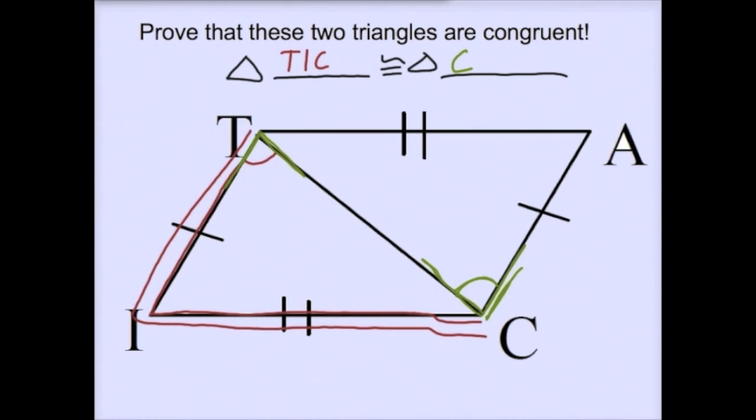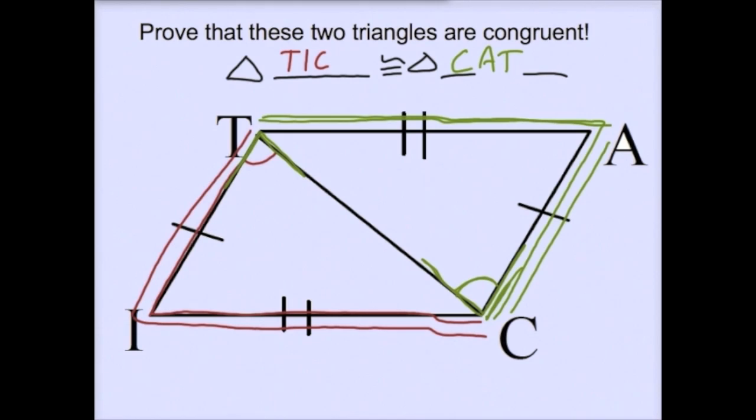In the green triangle, the one off to the right, we're going to follow one tick mark, head towards the second congruence tick marks. So triangle C is where we'll start, head toward A, end up at T. Oh, I can't spell apparently. CAT. So we want to prove that triangles CAT and TIC are congruent.